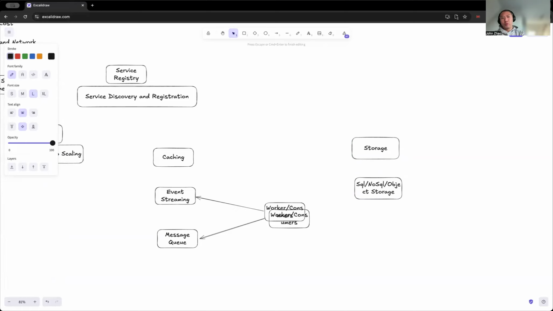There will also be block storage and file storage, but I think this is less common in the system design interview. But if you want to look into details, there are tons of material for that.